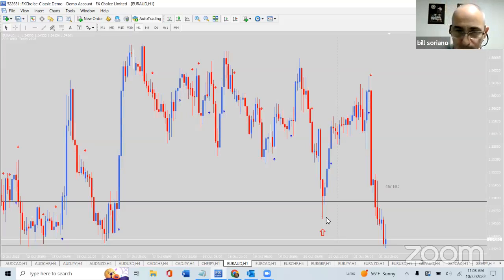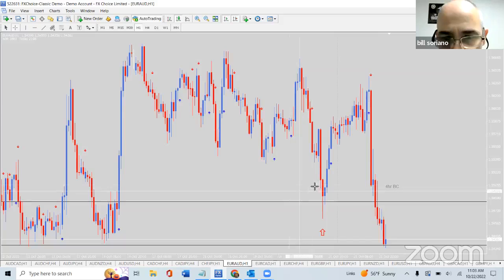Now, the one thing I will tell you is this isn't the best looking hammer candlestick, right? Normally, the wick of the candle is at least twice the body. So we would have liked to see the body of this candle be a little bit smaller, maybe up to here.